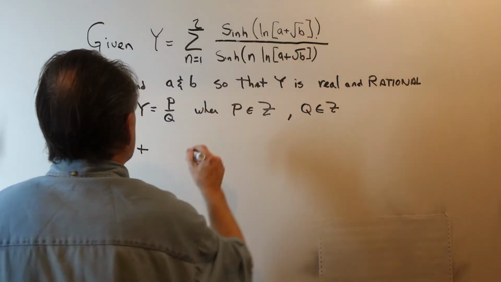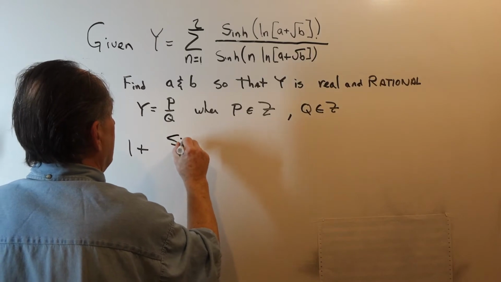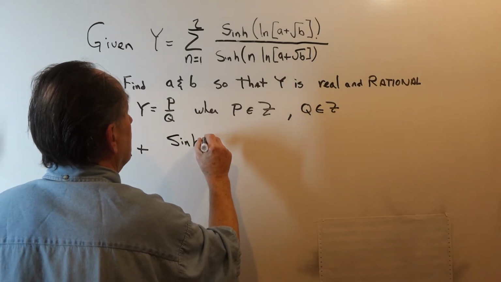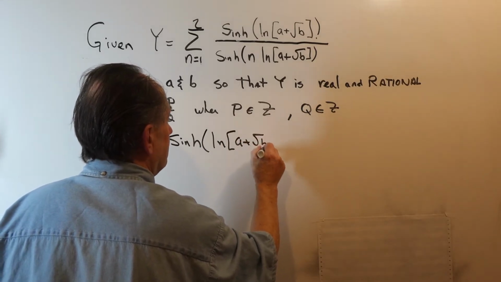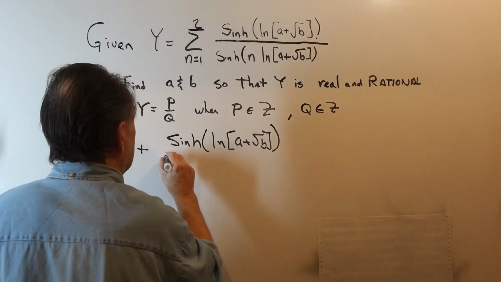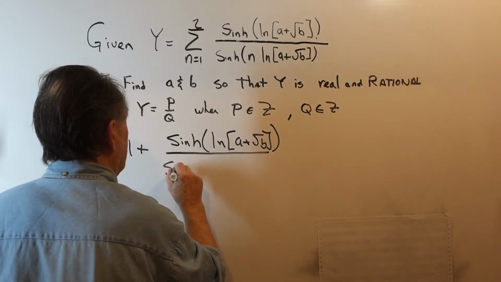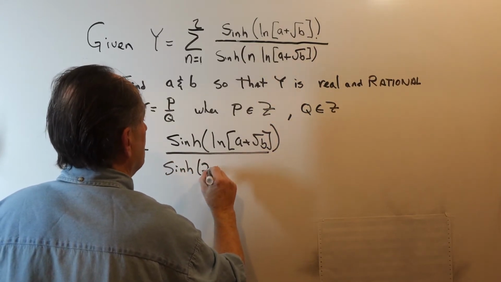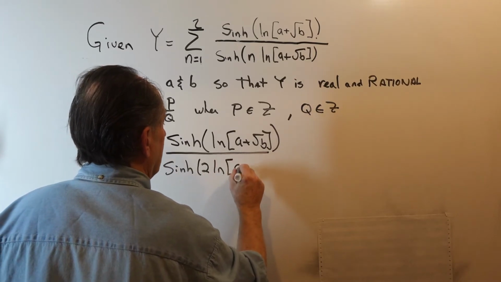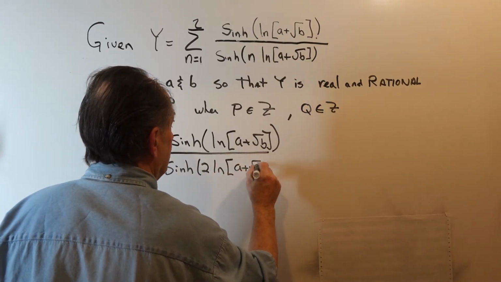Now when n is equal to 2, we have the hyperbolic sine of the natural log of a plus the square root of b divided by the hyperbolic sine of 2 times the natural log of a plus the square root of b.